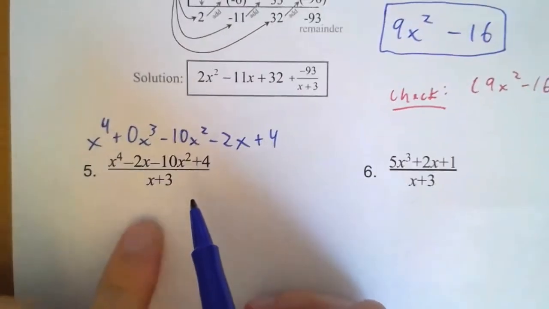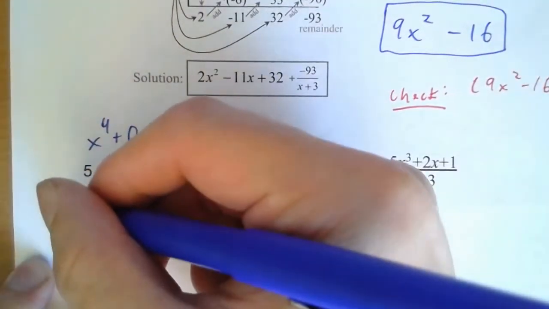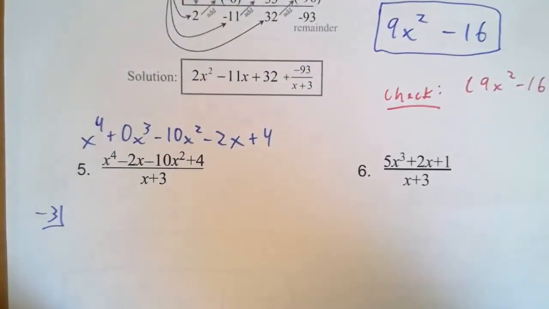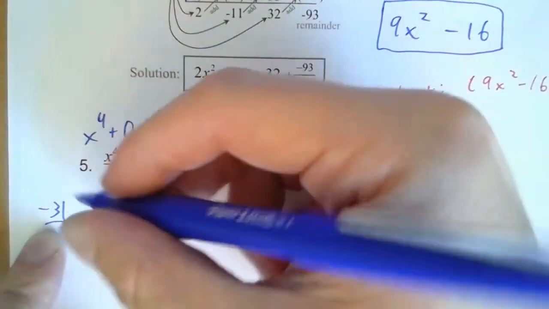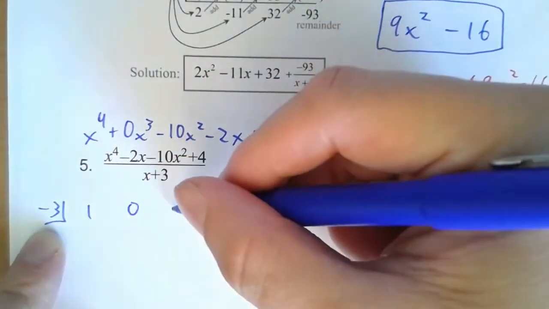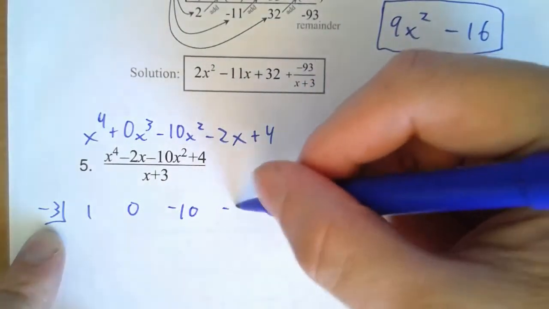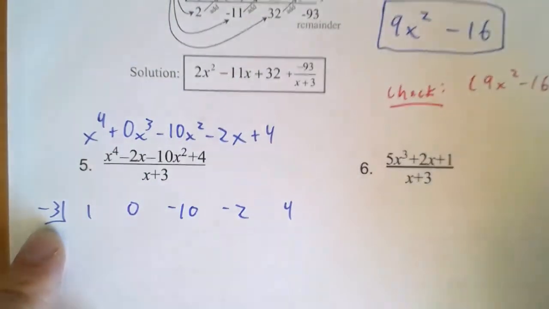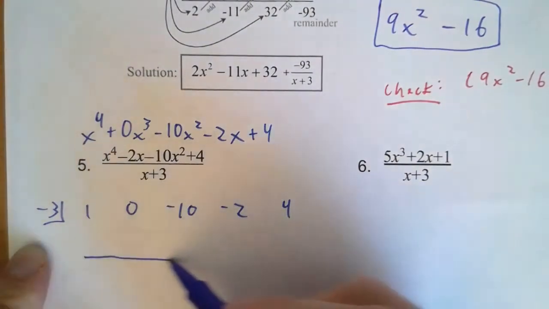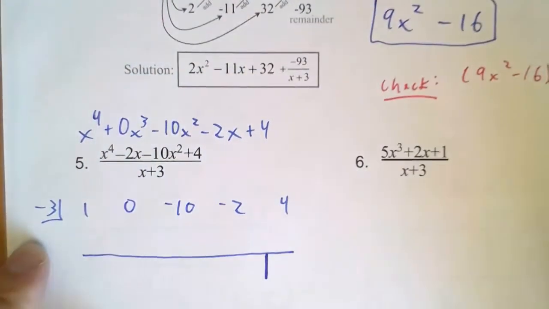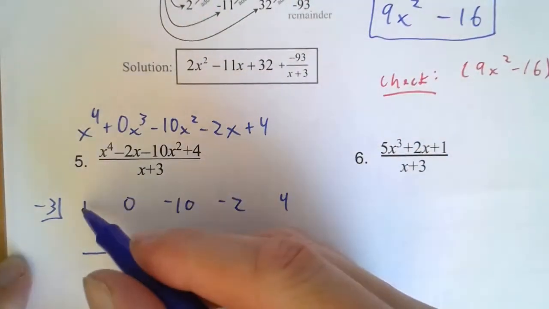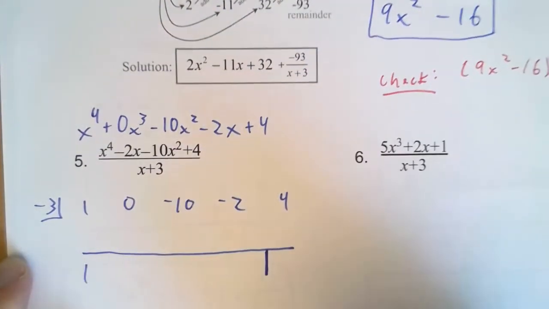All right, and then x plus 3 goes with x equals negative 3. So we're going to put negative 3 in the box here. And then we'll copy the coefficients, 1, 0, negative 10, negative 2, 4. And then draw the line down here. I put an extra line to separate off my remainder. The first one just gets copied down.